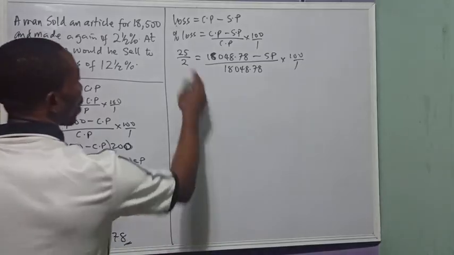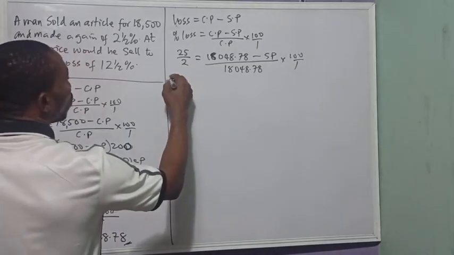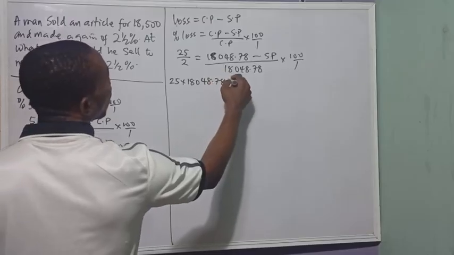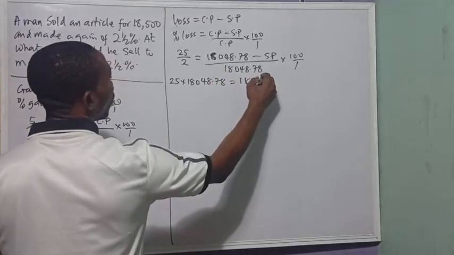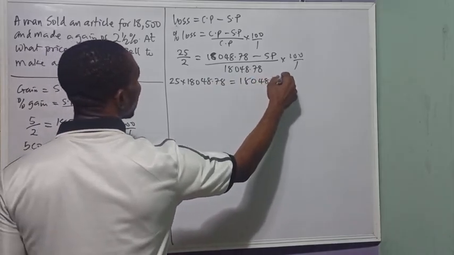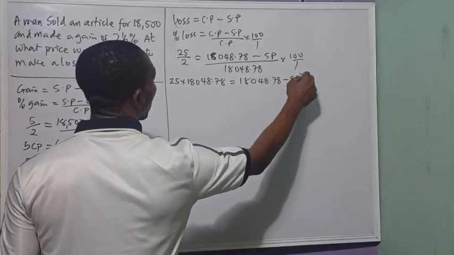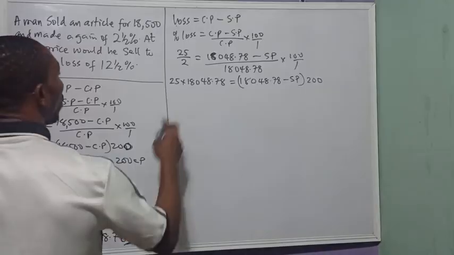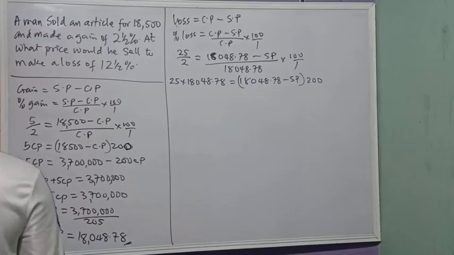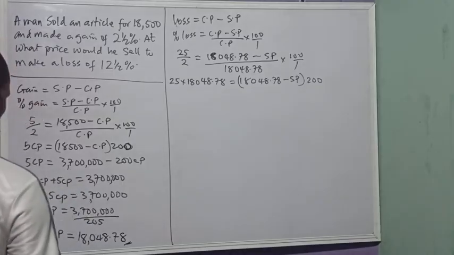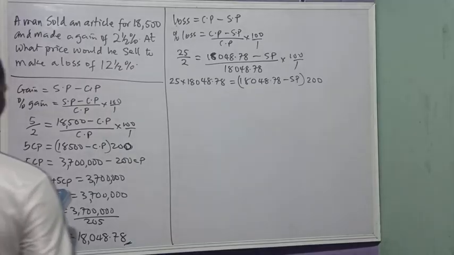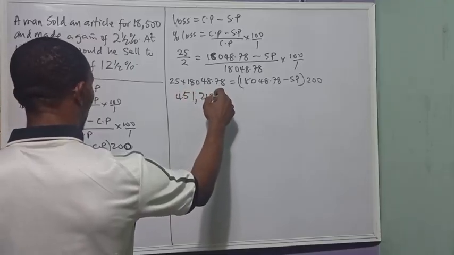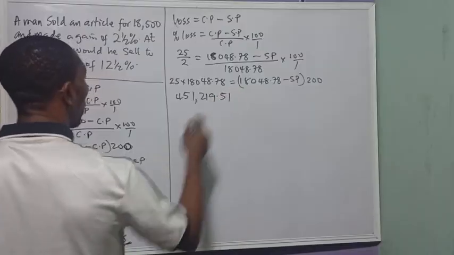Alright, now with this we can cross multiply. This becomes 25 times 18048.78 equals 18048.78 minus SP, selling price, times 200. Okay, so here, expanding this bracket, we have it as times 25, which gives us 451,219.51.